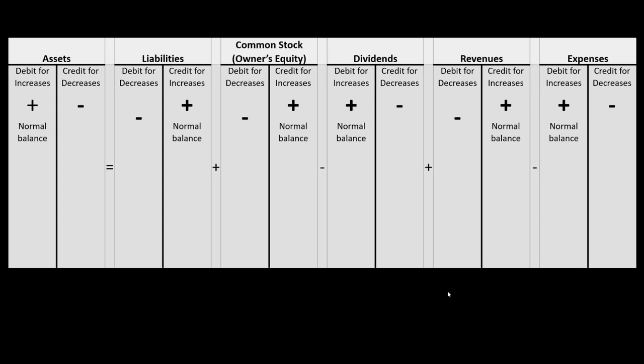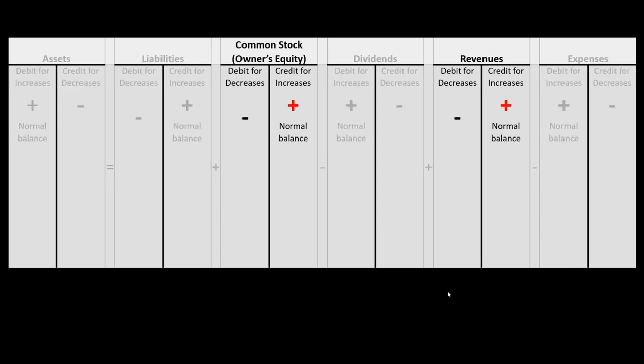There are no changes from the previous slides with the assets and liabilities. So let's just focus on equity here. The two items that increase equity, common stock and revenues, have normal credit balances. They increase on the right side because they increase equity, which is increased on the right side. So common stock and revenues will have normal credit balances, and to decrease those two accounts, we would debit them.